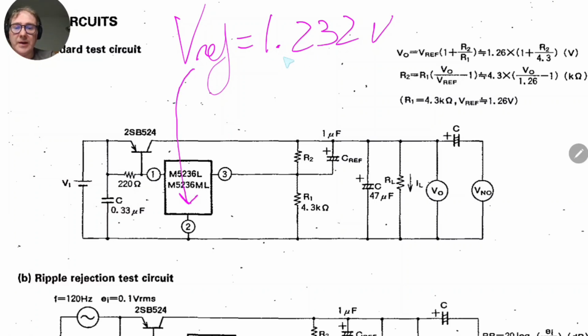Okay, it generates this reference by itself. Then what it does is it compares this reference with the voltage at this point. This reference you cannot configure, so it is always the same. It depends on the regulator. On the other hand, this voltage here you can configure it.